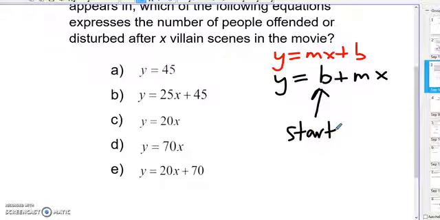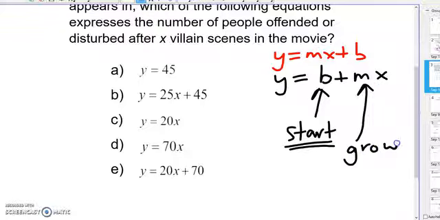Where does the situation start? And then this part here, this m, can be thought of as how does your situation grow, or how does it decay? Now there are many types of functions that grow and decay, but with linear functions, you're looking at a constant growth or a constant rate that it's decreasing, or somehow the numbers are going down.